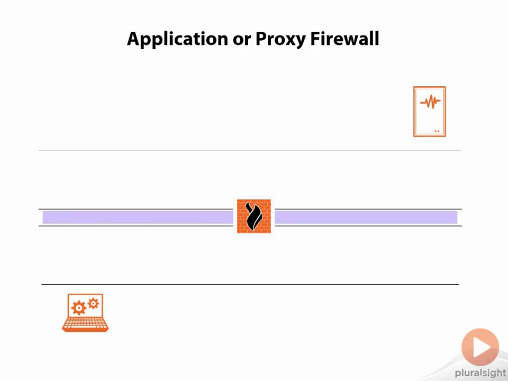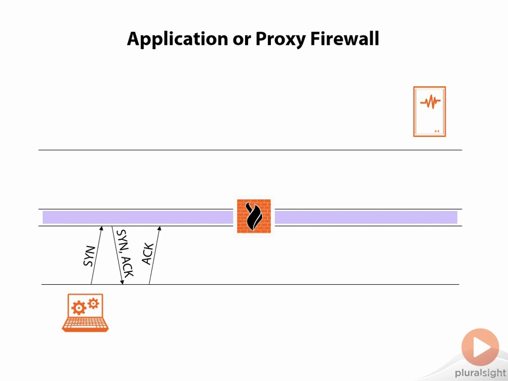Application firewalls are different from both a stateless and stateful firewall in that they don't just route packets from one network to another. An application or proxy firewall presents a separate TCP/IP stack on either side of the device. Packets flowing into the device on one interface are completely unpacked down to the application layer data.